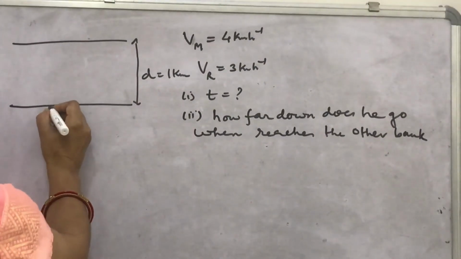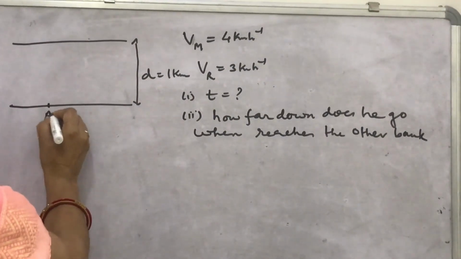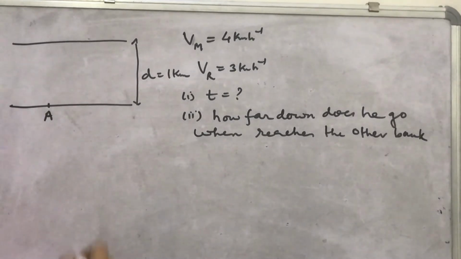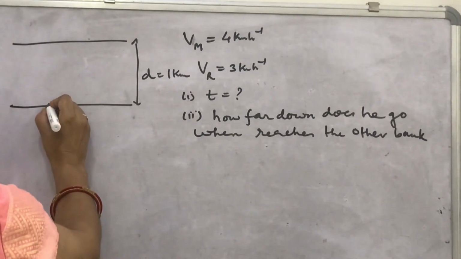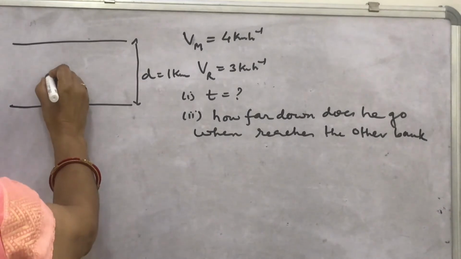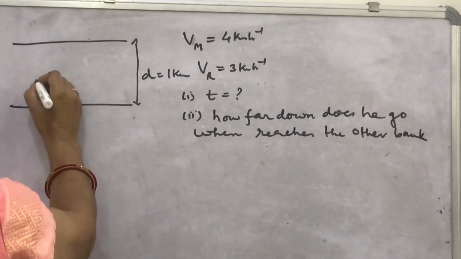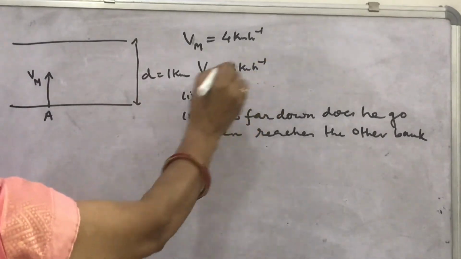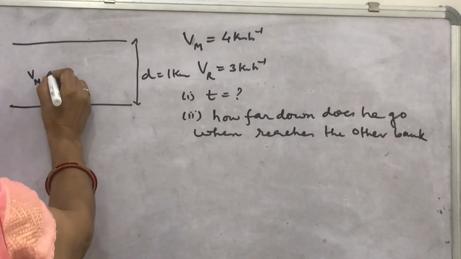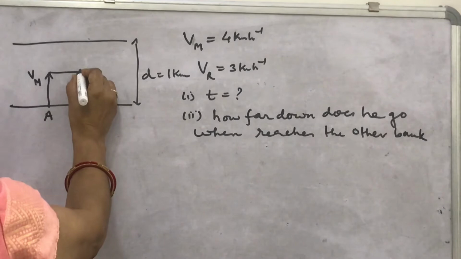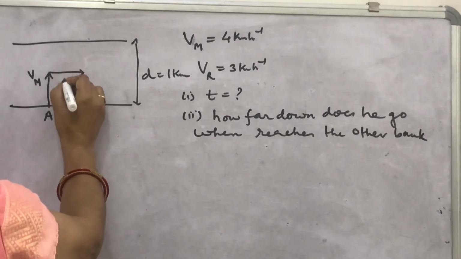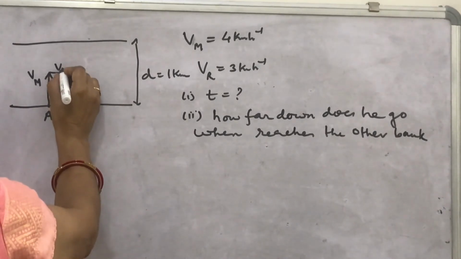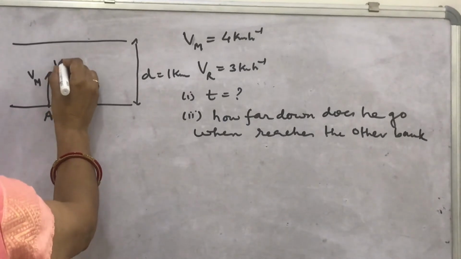So look here, suppose the man starts from the point A. He makes his strokes normal to the river current. So this is the velocity of man, and the river is flowing in this direction. So this is the velocity of the river.